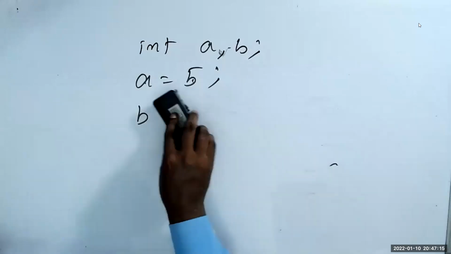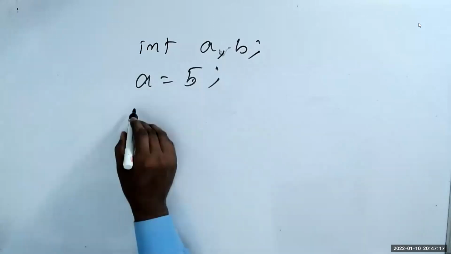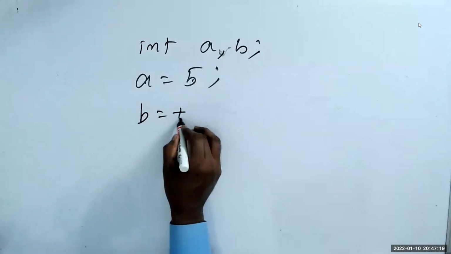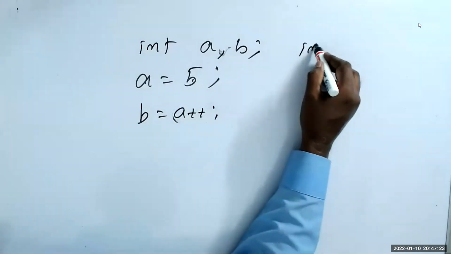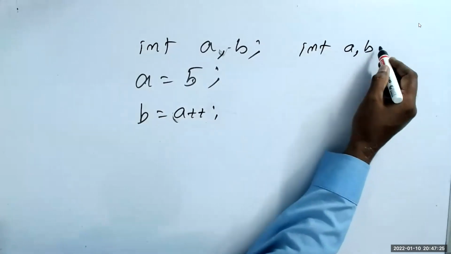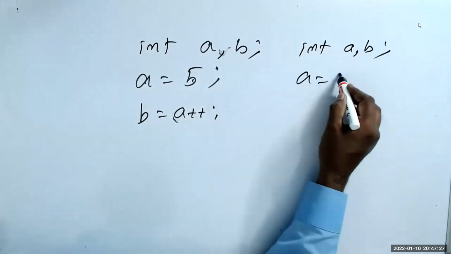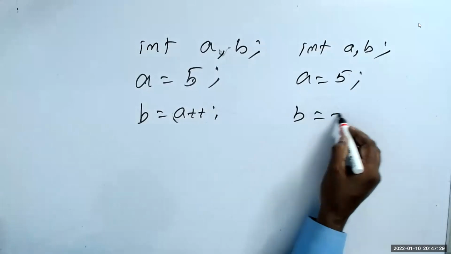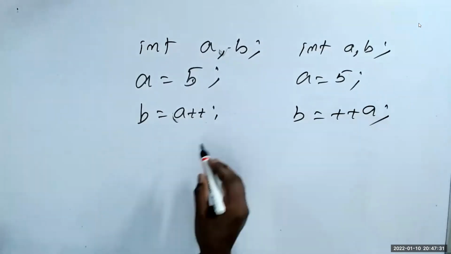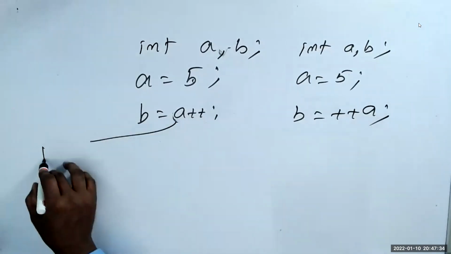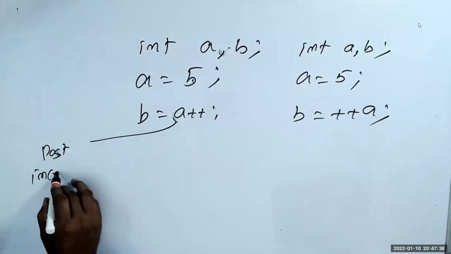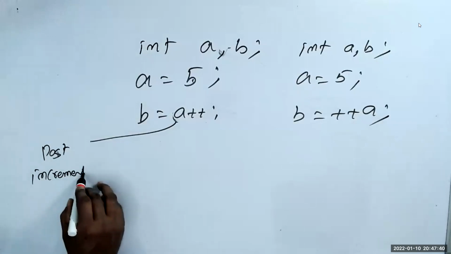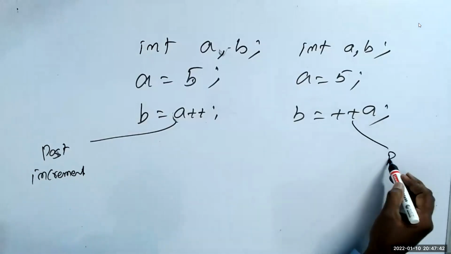You can say B is equal to A plus plus, or B is equal to plus plus A. This is called post-increment. This is called pre-increment.